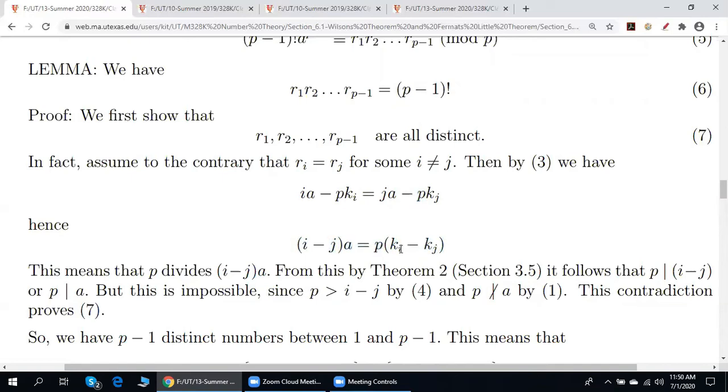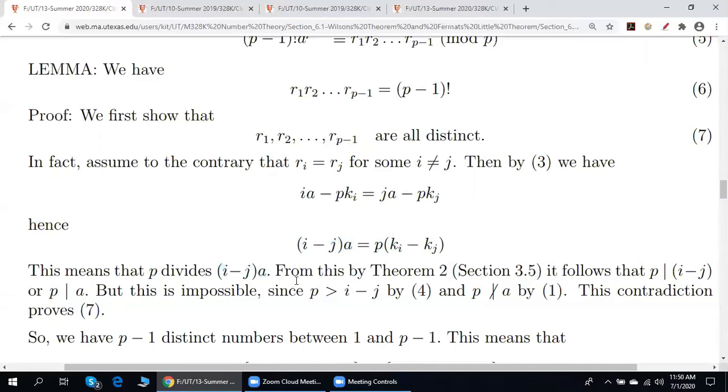Now, since Ki minus Kj is an integer, the right-hand side is P times an integer, which means the left-hand side, by definition of divisibility, is divisible by P. It's exactly what is written here. P divides the left-hand side over here.